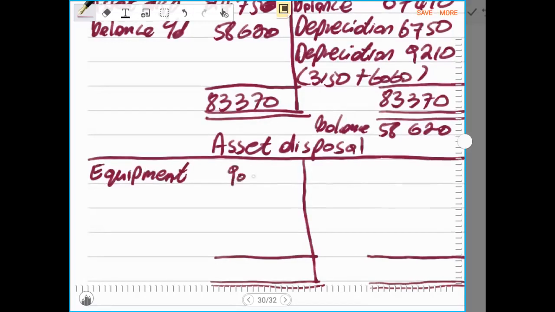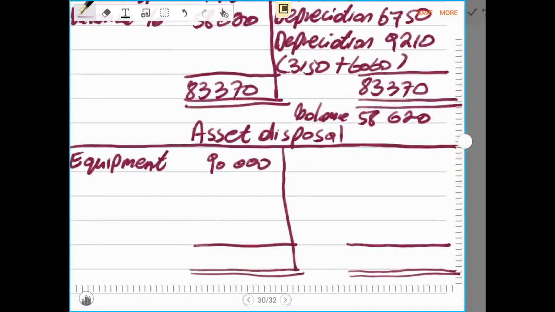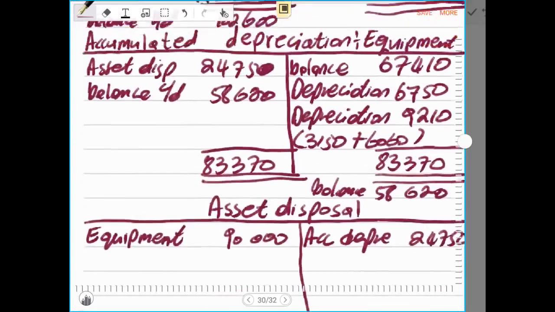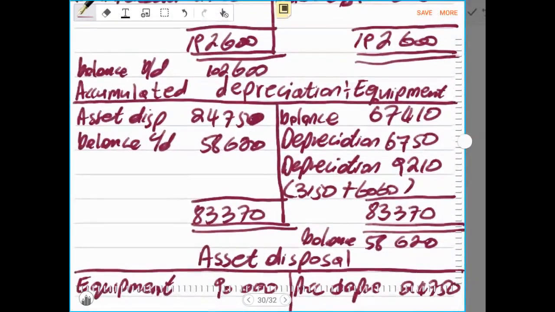Equipment that was disposed costed the business 90,000 rands. Then we also know that on this side we must record the total accumulated depreciation. Total accumulated depreciation of 24,750 for the asset that was sold.